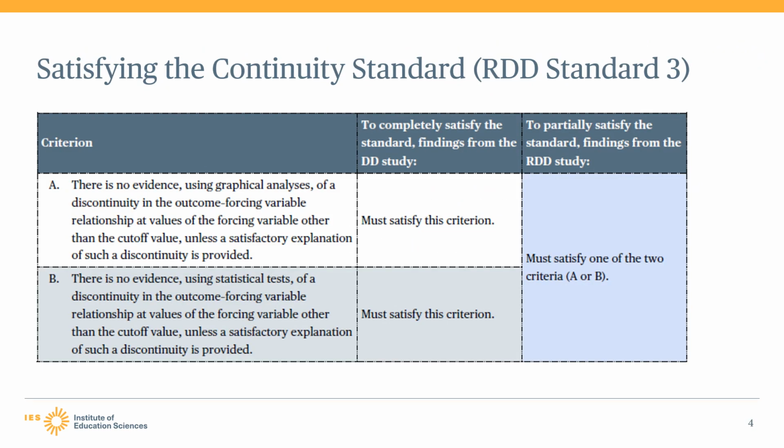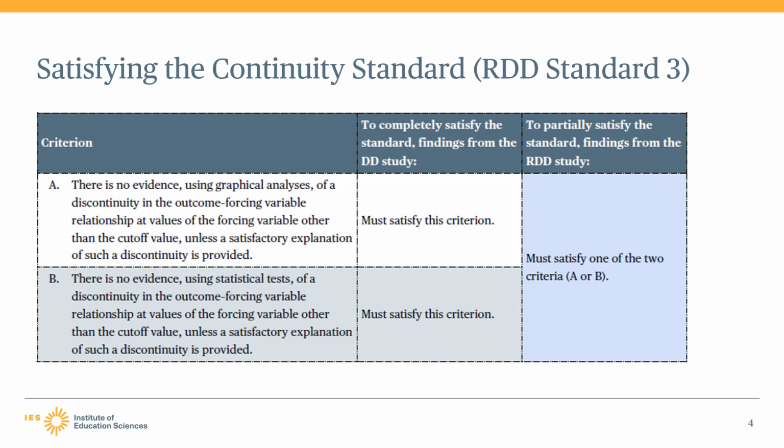As shown in this table from the handbook, to completely satisfy the continuity standard, the regression discontinuity design must satisfy two criteria. There must be no graphical evidence of extra discontinuities in the outcome forcing variable relationship, and no statistical evidence of extra discontinuities in the outcome forcing variable relationship.